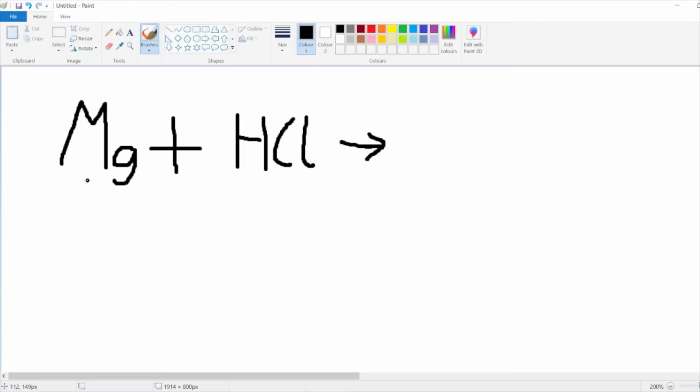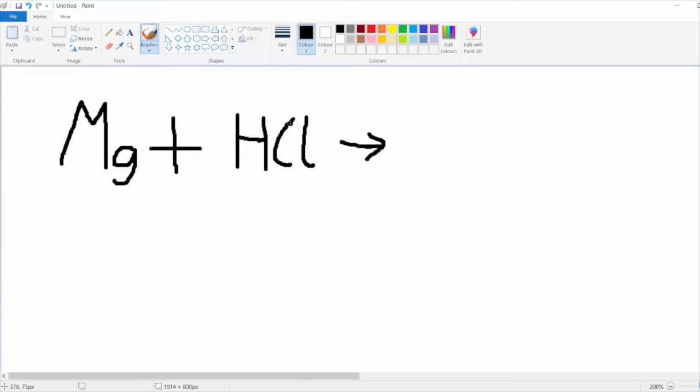So magnesium plus hydrochloric acid here, you will need to know how to complete it and balance it. It's all stuff you can do though, because we know that metal here plus acid here gives you salt plus hydrogen. So what's the salt going to be? Well, salts, as we covered in video 2, are ionic compounds pretty much.